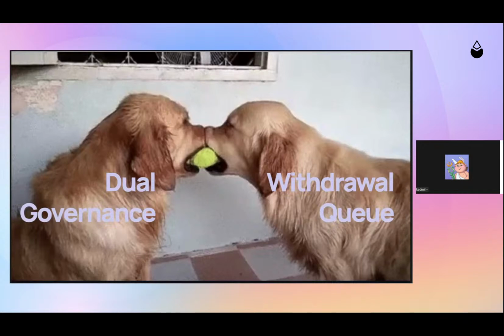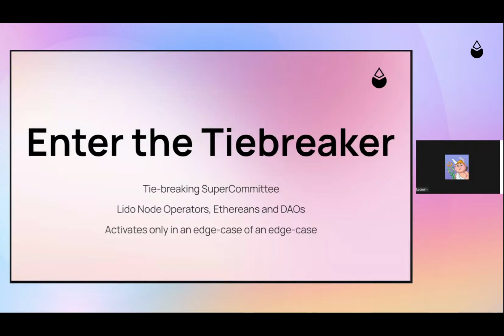So what the current design looks at is introducing a TBreaker committee. That's a super committee, basically a multisig of multisigs, which in case withdrawals are locked and governance is locked, would be able to get activated. It activates only in this edge case of an edge case kind of situation, and would be able to execute LDO governance decisions or unlock things.